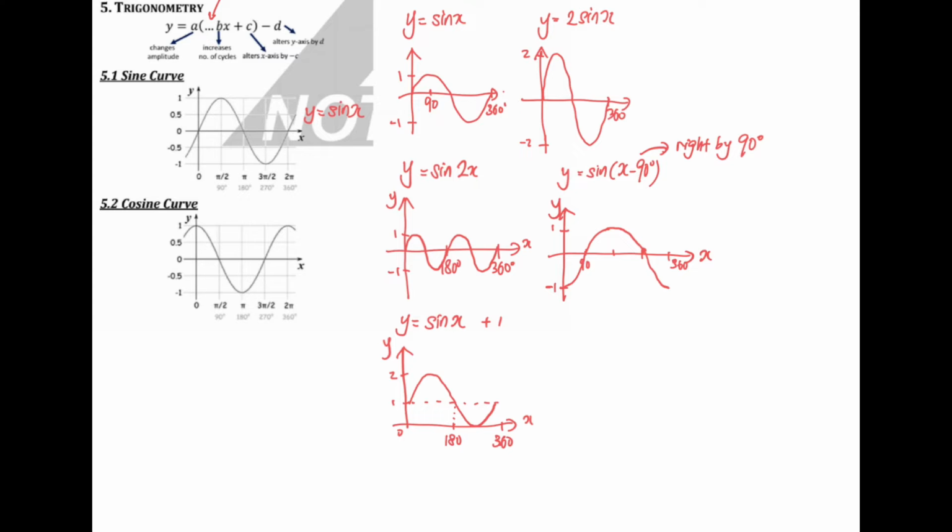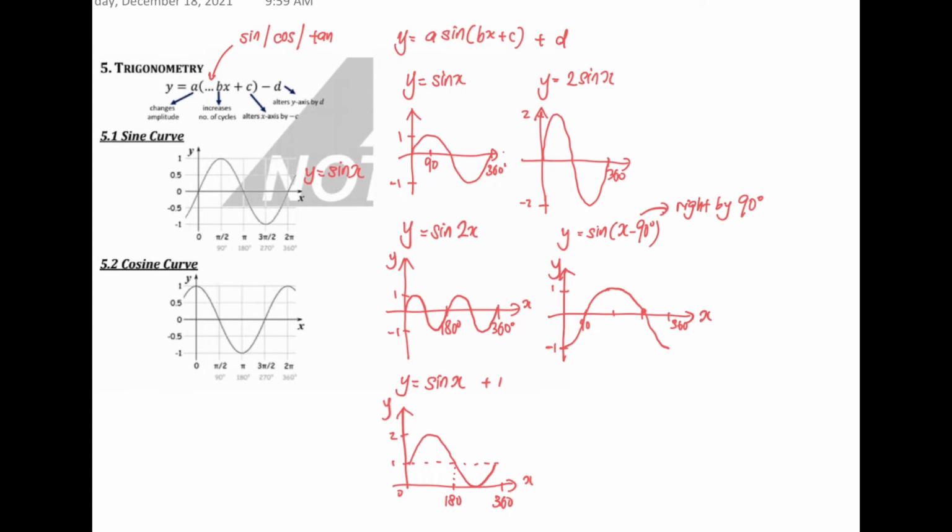Here I just show the effect of the individual a, b, c, and d. This is just what happens when a is there, what happens when b is there, what happens when c is there, and what happens when d is there. I show one by one.